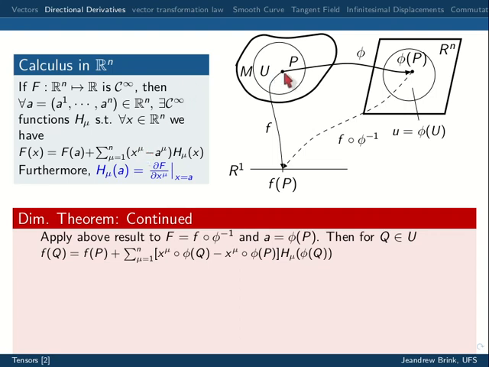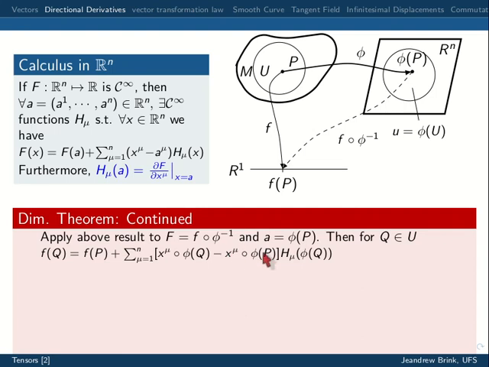So we have p over there, we have q over there. We have the chart of p over here, and then we have the chart of q over there. The chart of p has coordinates a, and the chart of q is x, which is phi of q.